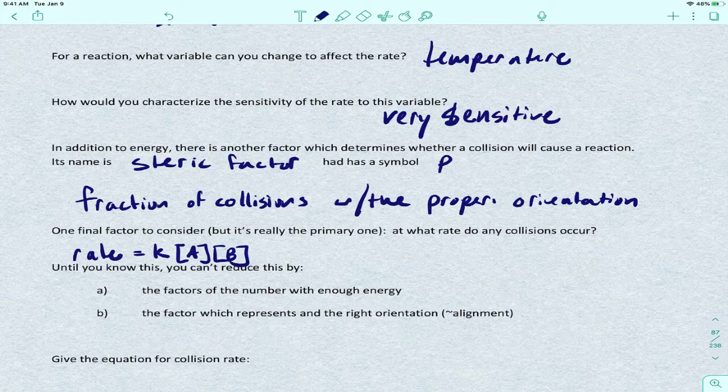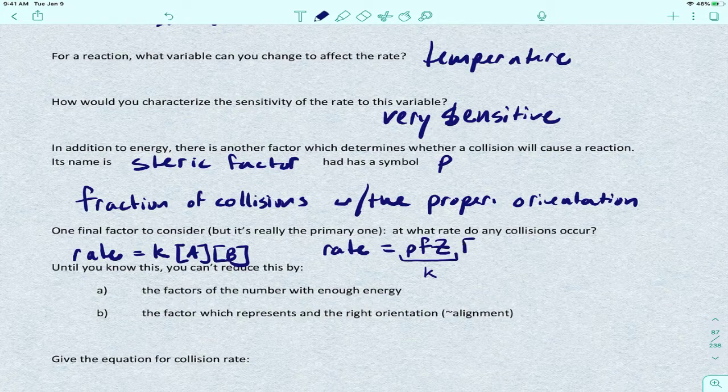We've seen this before. Now, to include the steric factor into this rate law, the rate would be equal to the rate constant, which is made up of the steric factor p times the fraction of molecules that have the right energy times Z, the collision frequency constant. So the p, the steric factor, times the fraction of molecules that have the proper energy, times Z, all makes up the rate constant.